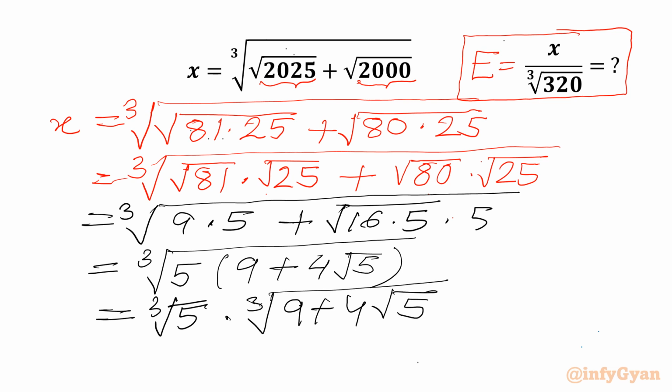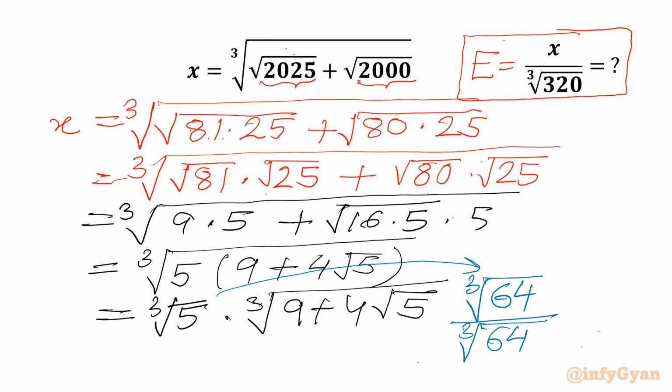Now I will multiply our numerator and denominator with cube root 64, which is 4. Now I will club these two, cube root 5 and cube root 64.